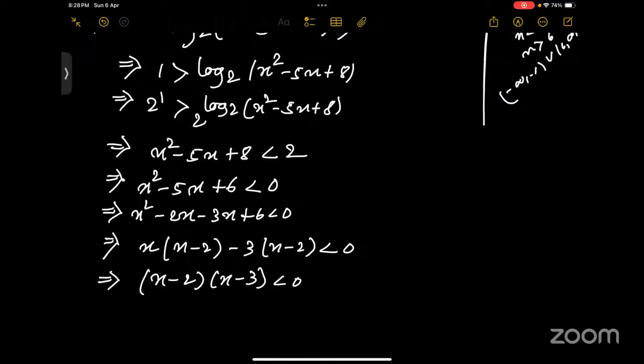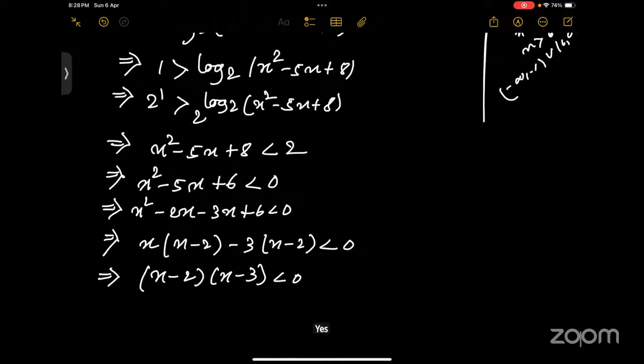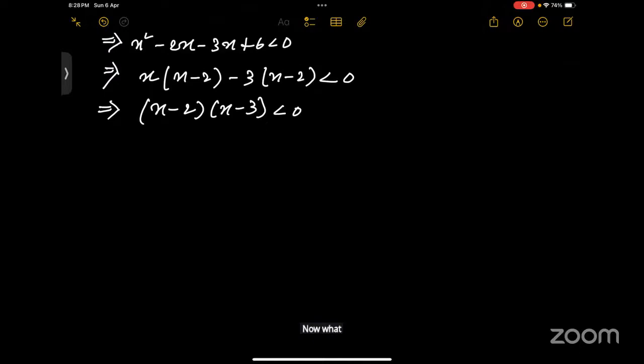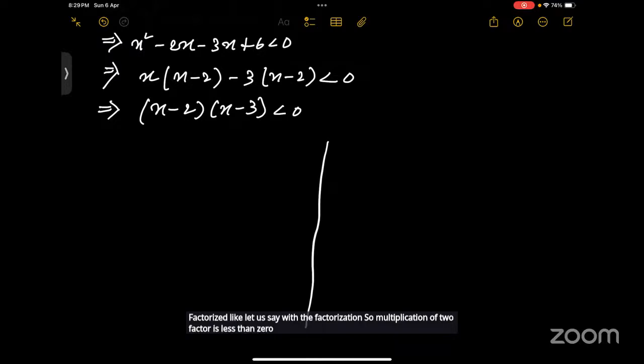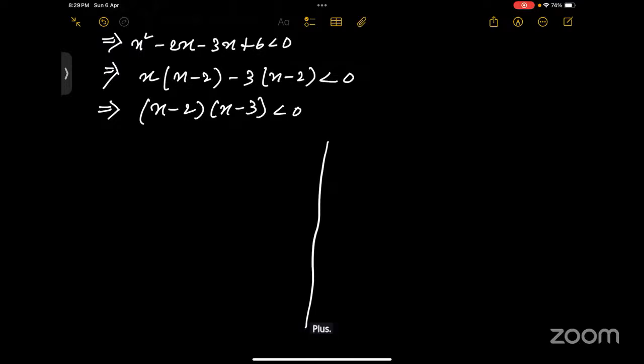Is it fine up to now? Yes, madam. So what should be the next step? x should be less than 2 or x should be less than 3. Okay, so what will you do in the next step? What are the cases now? Let us say with the factorization, the multiplication of two factors is less than 0. That means they will have opposite signs, right?